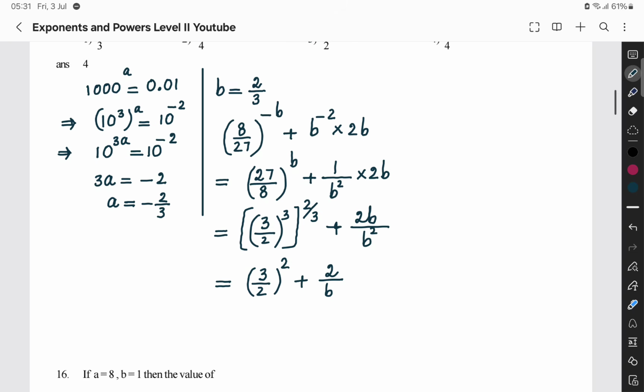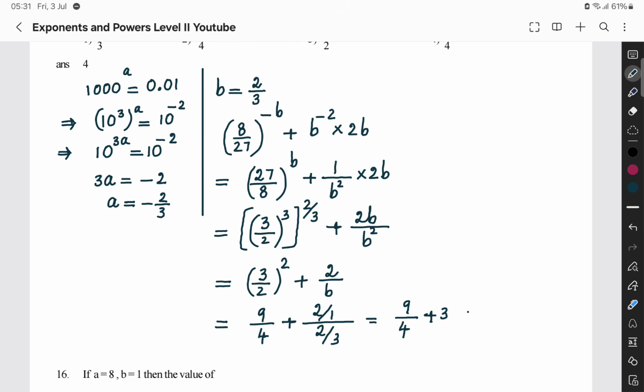So which can be written as 9 by 4 plus 2 by 1 by 2 by 3. So which is equal to 9 by 4 plus 3.